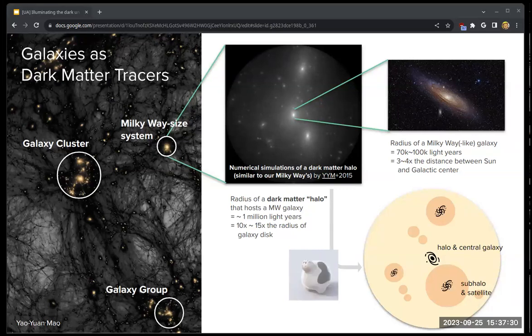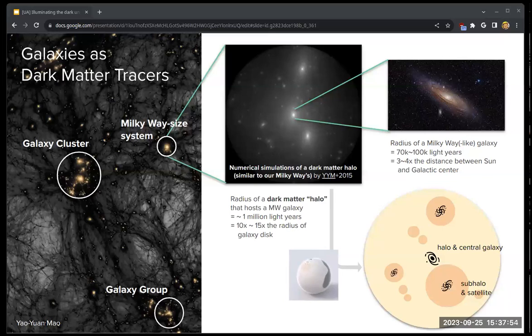You will have a central galaxy living at the very center, and then you will have some other high density regions, which we call subhalos. You might have satellite galaxies living inside the subhalos. The subhalos are gravitationally orbiting the larger, central halo or the central galaxy. That is also why they are called satellite galaxies, satellite in the sense that they are orbiting the central galaxy.